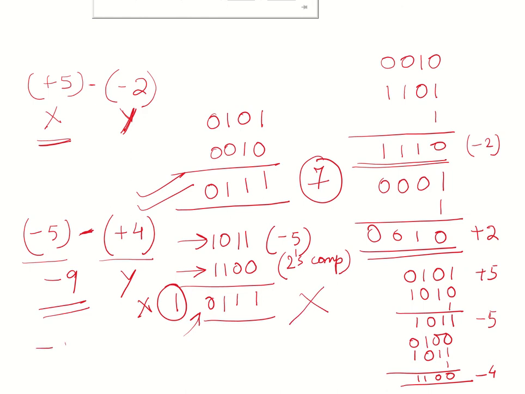The range for 4 bits is minus 8 to plus 7. So this results in an overflow, and I can say that this result is incorrect. So while doing subtractions or additions, we have to see that the result is capable of being represented in 2's complement form in the n bits that are available to us.